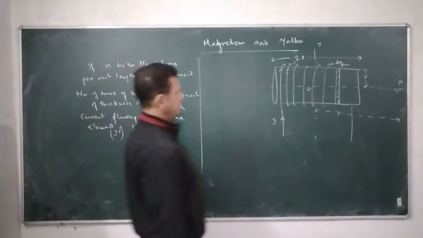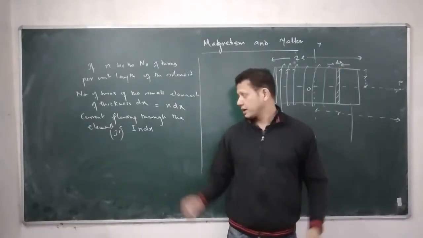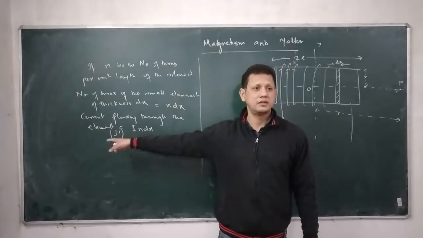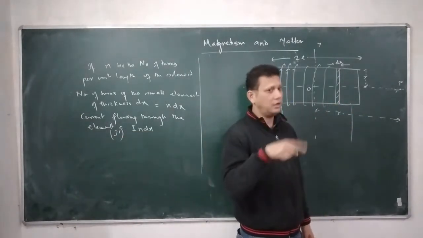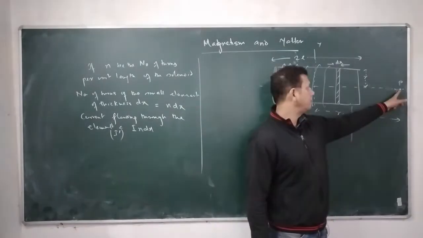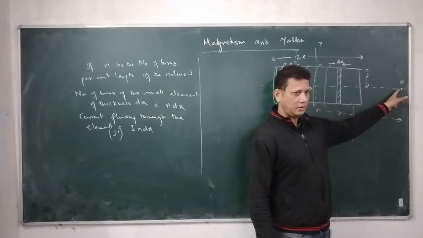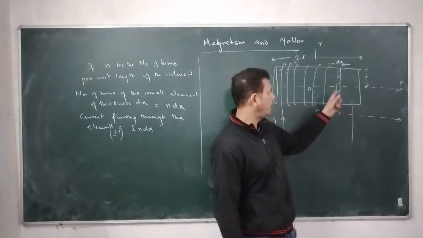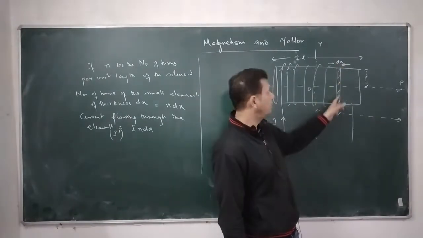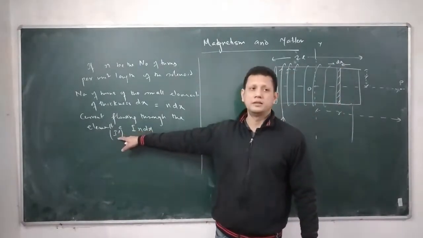Now you see, this small element which is carrying a current of this much, I dash, is behaving like a circular loop, and the point P is lying somewhere on the axis of the circular loop. So point P, with respect to this element, is lying on the axis of this small circular loop which carries a current of how much? I dash.